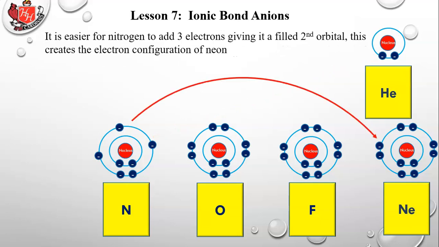So it's easier for nitrogen to add 3 electrons, giving it a filled second orbital. Now you're getting into elements that have higher electronegativities that are able to pull in electrons from the outside. And this creates the electron configuration of neon. So nitrogen gains 3 electrons to fill its octet, its outer orbital, and therefore we say that nitrogen has a 3- charge, meaning 3 more negative charges, electrons, than protons.